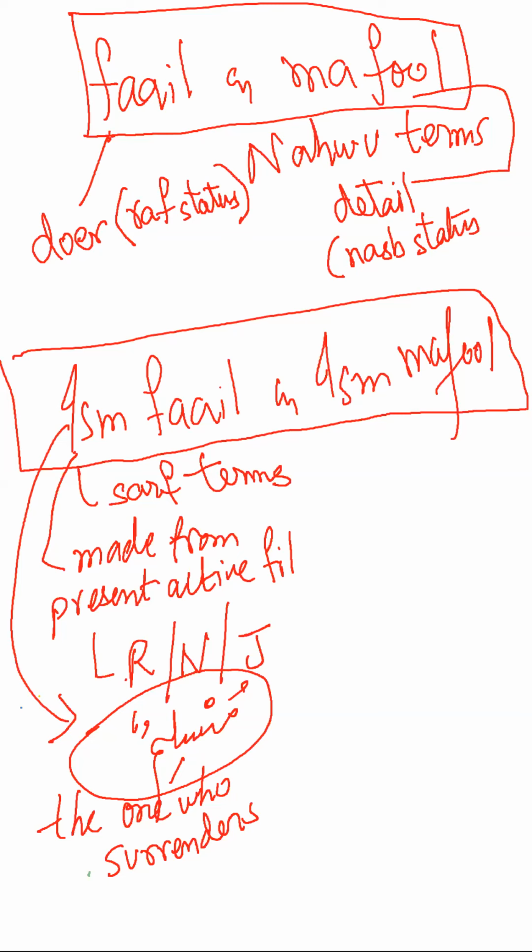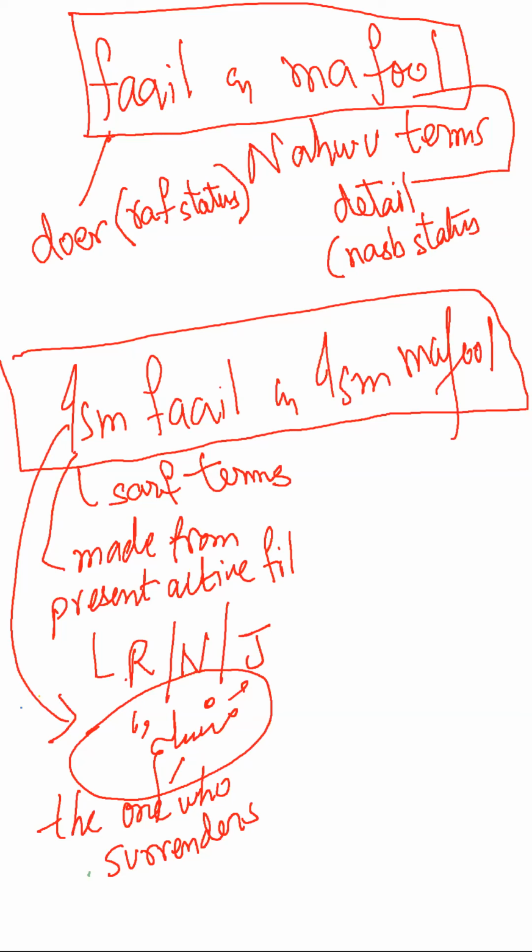Sister, what you're saying is when it comes in Muslimun form, it will be rafa and it will be doer. If it will be in Musliman form, it will be nasab and it will be detail. Yes. And if it is after harf jar, it will be Muslimin form. And that's how they are in all three statuses, but they'll still be ism fa'il.